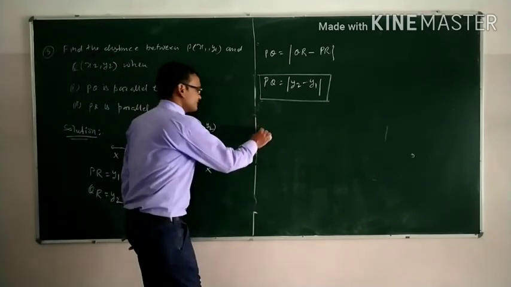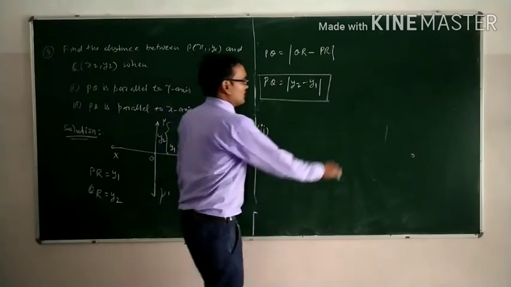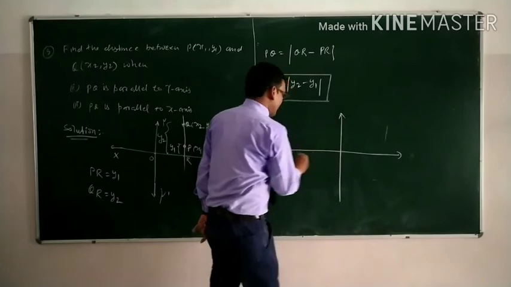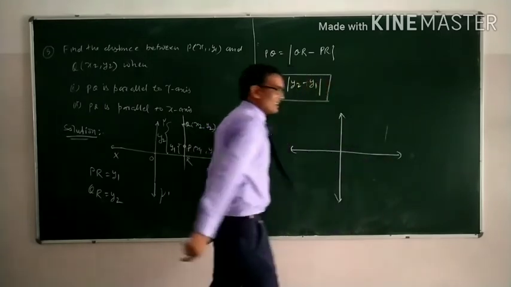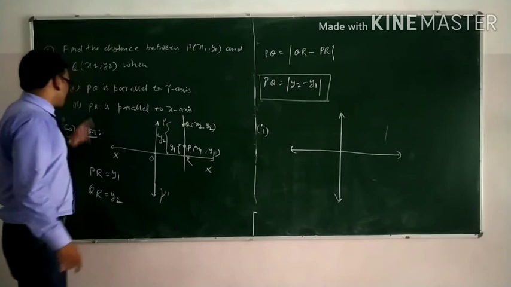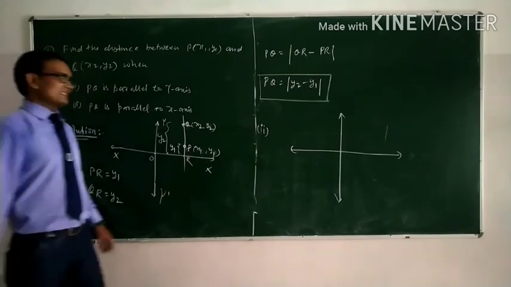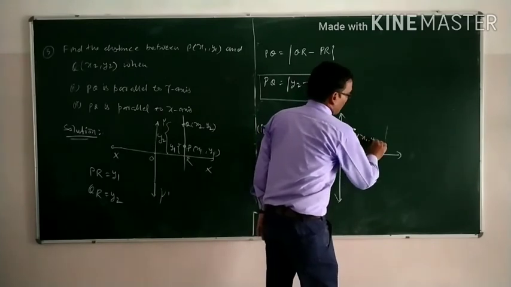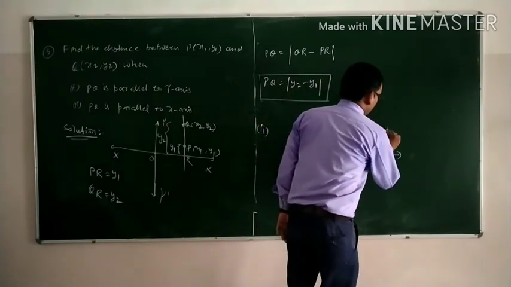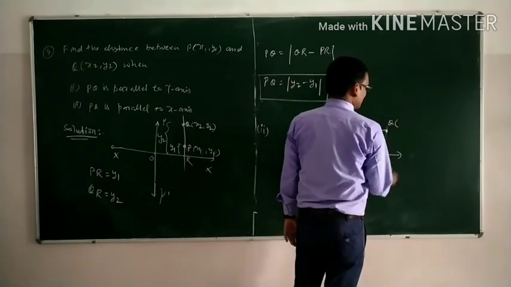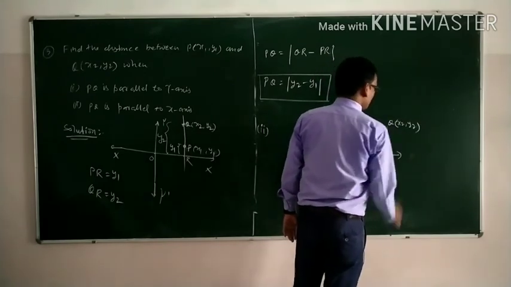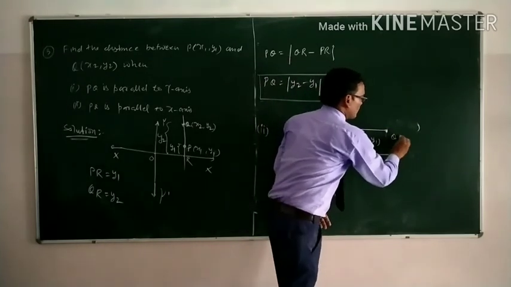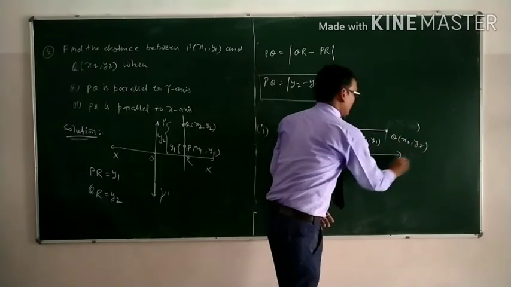Now second condition, find the distance between two points P and Q when PQ is parallel to x-axis. Okay students, here coordinate of P is x1 y1, and here take point Q. Q is x2 comma y2, and PQ is parallel to x-axis.